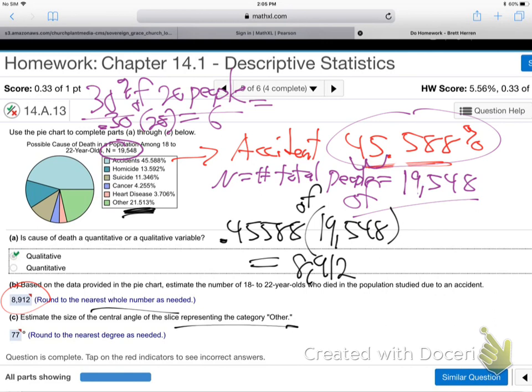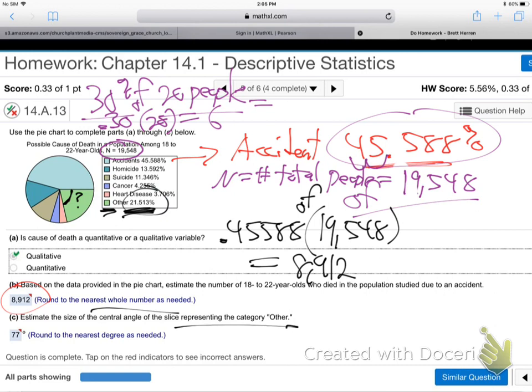And so how do we figure out an angle? That's what they're trying to figure out. Where's the other? It's this green. It's this angle right here, the central angle. How big is that angle? Let me give you a hint.